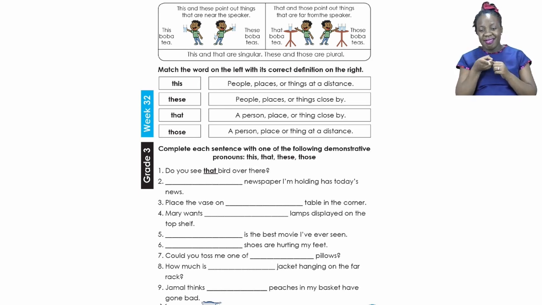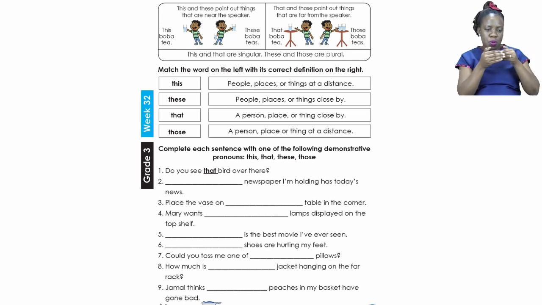Now for the words that and those, we point out things that are far from us. He is now showing us that boba tea. Those boba teas.